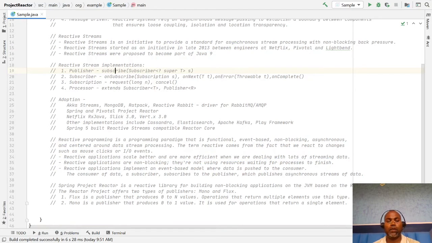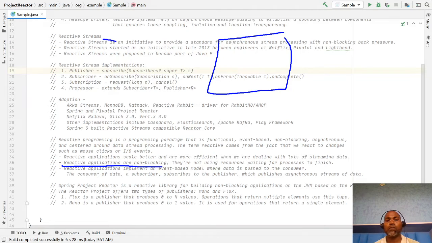And in reactive programming, your applications should be non-blocking. That means if someone sends a particular request, this request is not waiting. They immediately get a response.